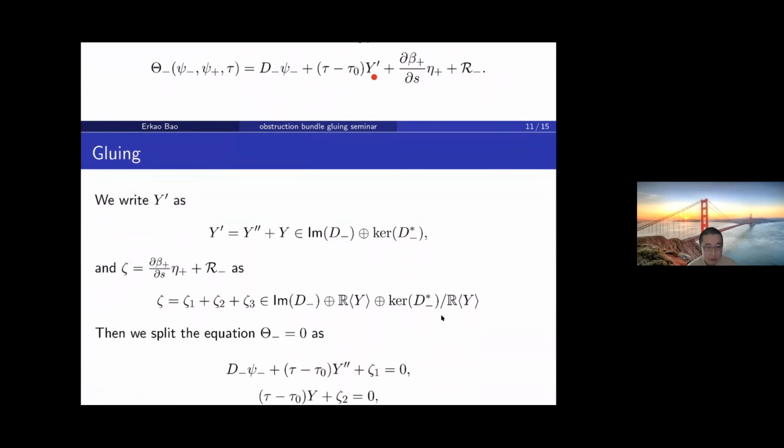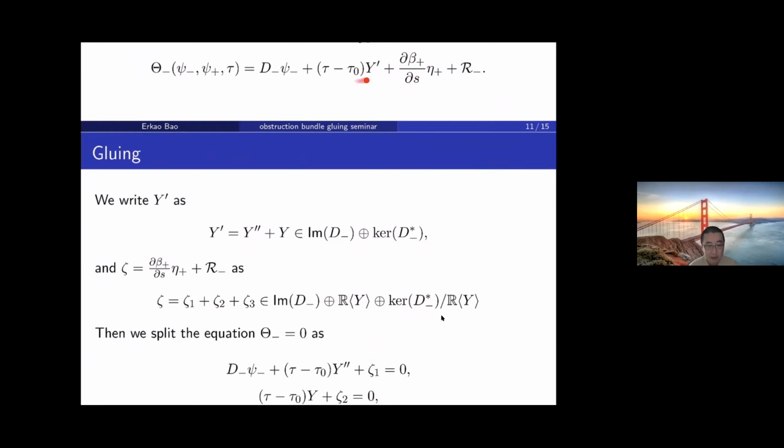So we rewrite this y prime as the sum of two parts. One lies in the image of the linearized d bar, so this is the part that we can solve, and another part, which we denote by y, is perpendicular to the image. I write it as the kernel of the adjoint operator. Then we denote zeta to be this term.